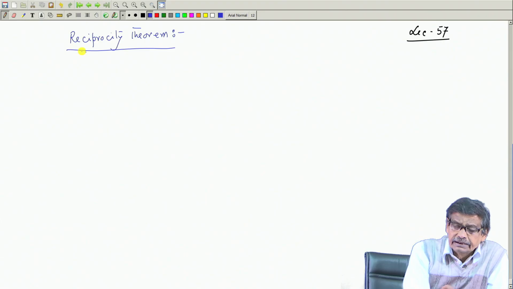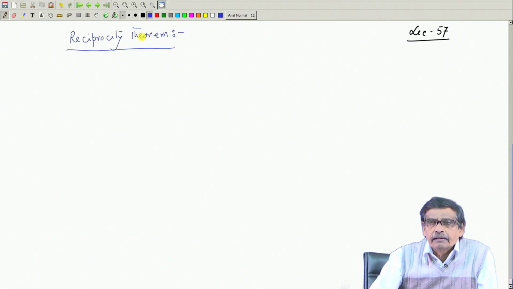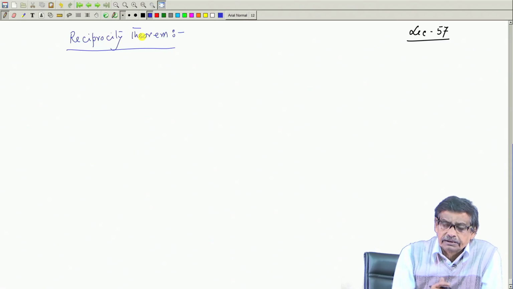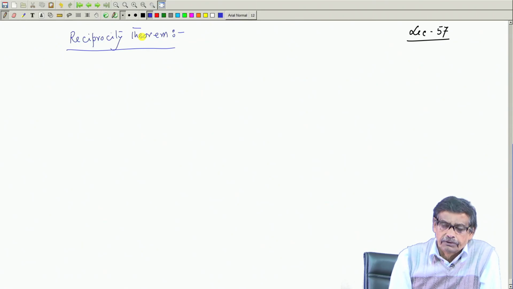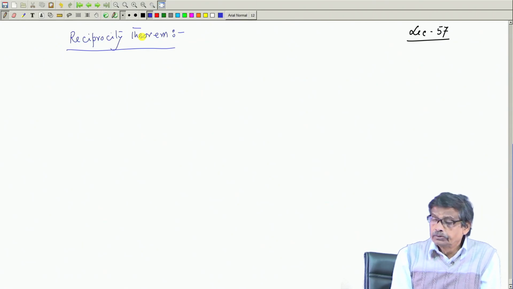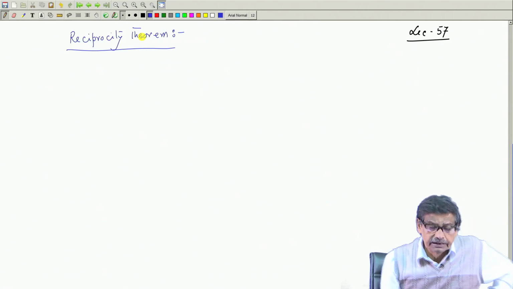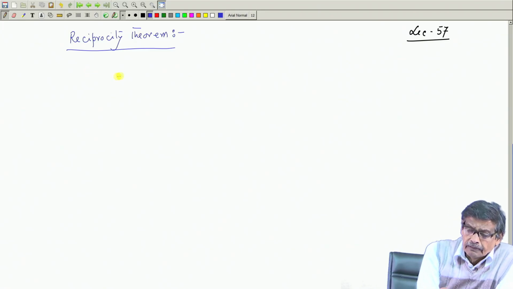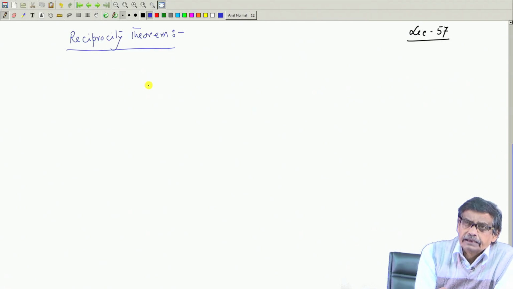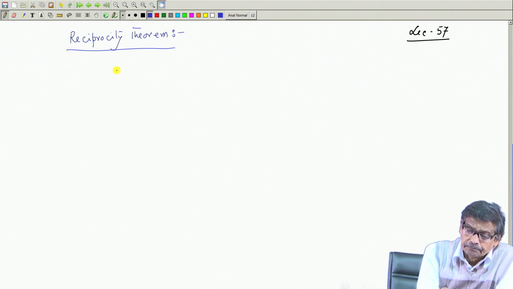It is interesting to note that to prove the reciprocity theorem, this particular theorem, that is Tellegen's theorem, can be very nicely applied. Now, to do this, let us consider you have a network, for example, any network like this.